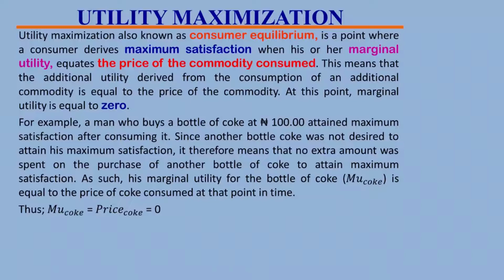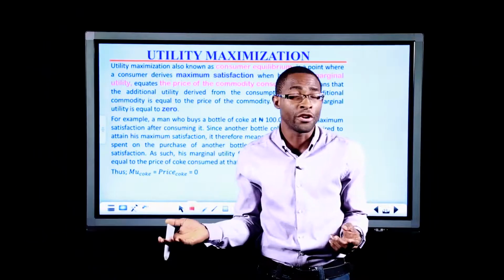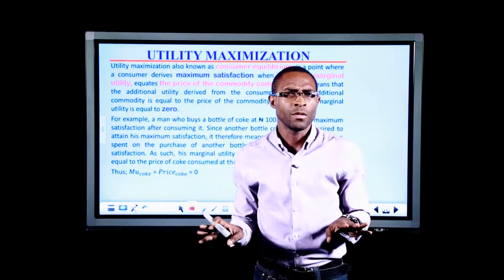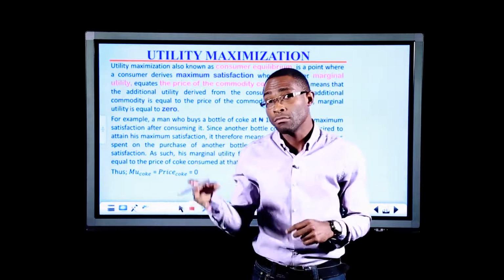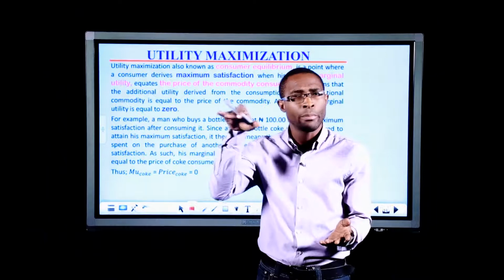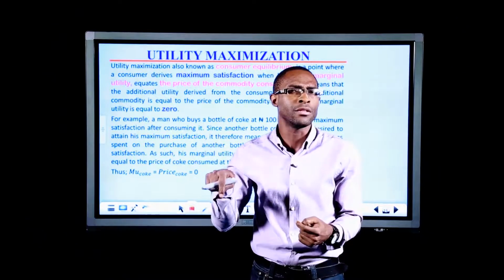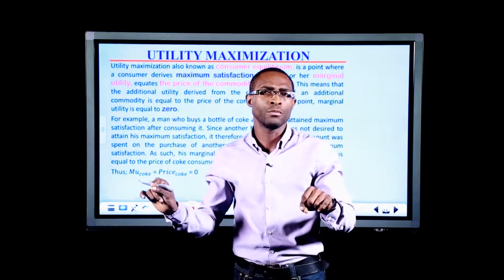So the example stated that if a man is thirsty and he goes ahead to buy a soft drink, and after taking a soft drink of 100 naira, that was able to quench his thirst. Now, because he did not need an additional bottle of that soft drink to get to that point where we could say he is satisfied, it means that at that point, his satisfaction equates the price of the soft drink.